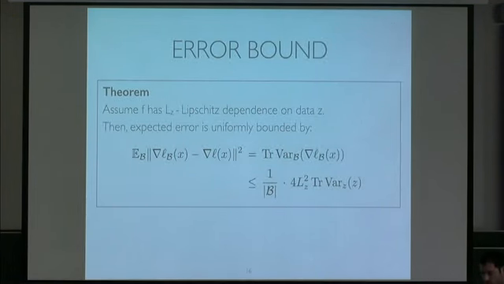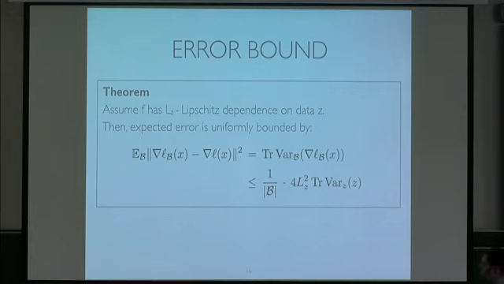So one of the things that we have in our analysis that's a little bit different than what's appeared previously is we make the assumption that our loss function f has a Lipschitz dependence on the data z. So we assume that the loss function changes smoothly as you vary the input data. And under that assumption, it turns out that the variance in these approximate gradients looks like the variance in the underlying data set. So we can put a bound.